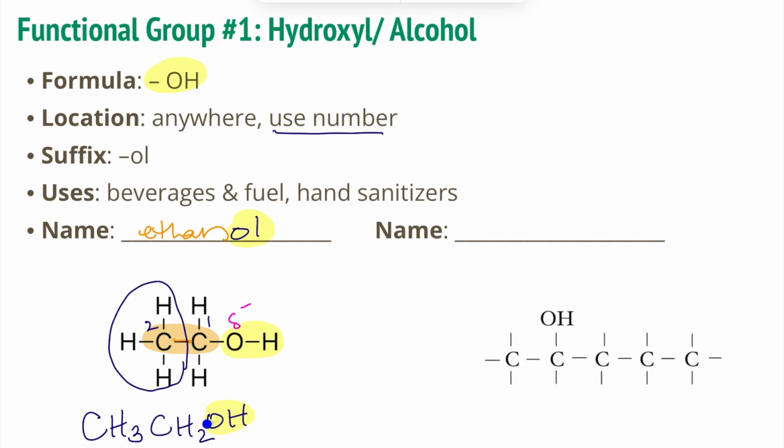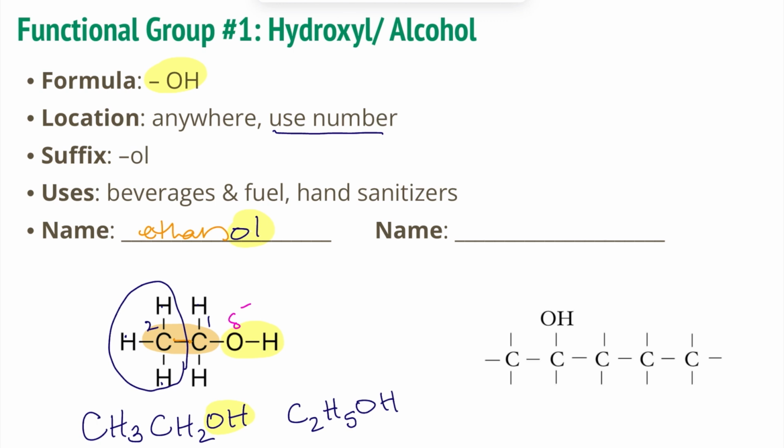So we do see our OH in that formula. Even if we were doing the molecular formula, we might see C2H5 for these 5 hydrogens that surround our carbons, but then we would put the OH to indicate that it is an alcohol.